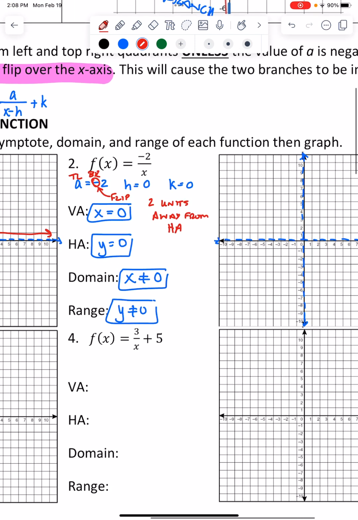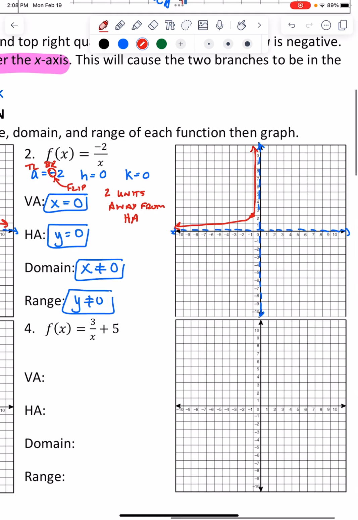So top left, we need to be 2 units away from the horizontal asymptote. So 2 units above, top left, draw in our branch. 2 units below, draw in our branch. Okay, and then that's what we're working with there. All right.